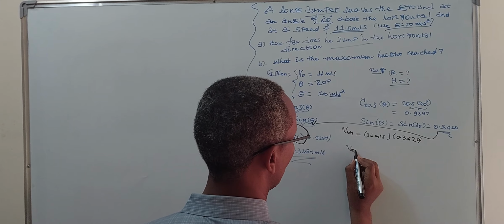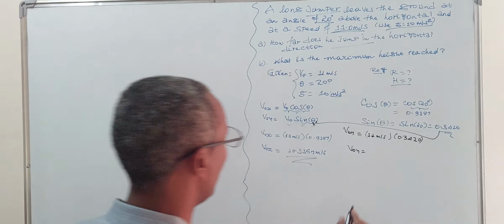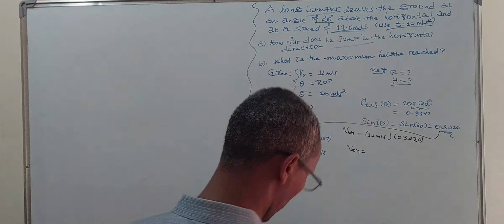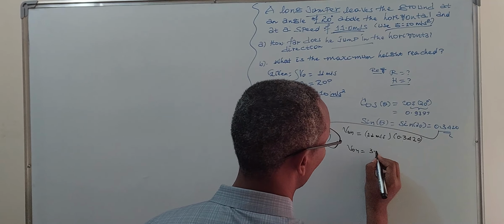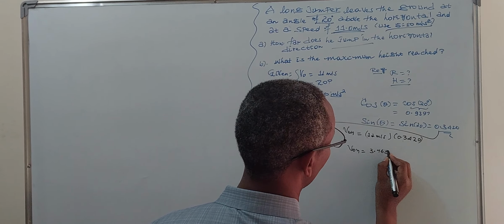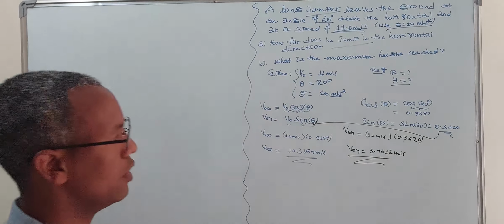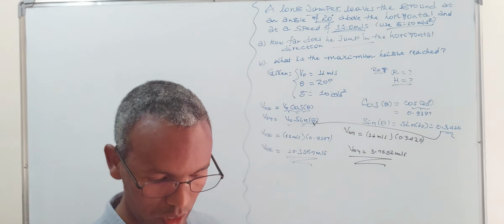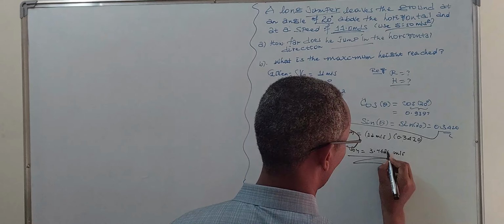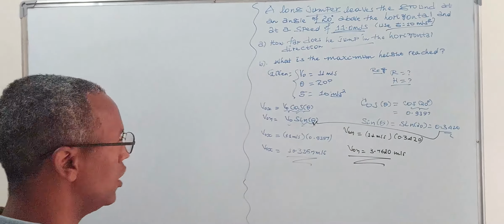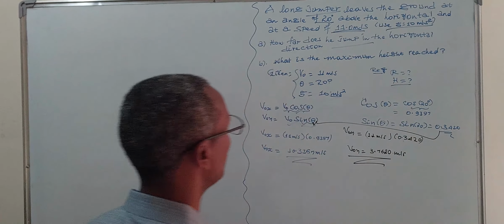So V sub O sub Y is equal to 3.7652 meters per second. This is the vertical component of this jumper.